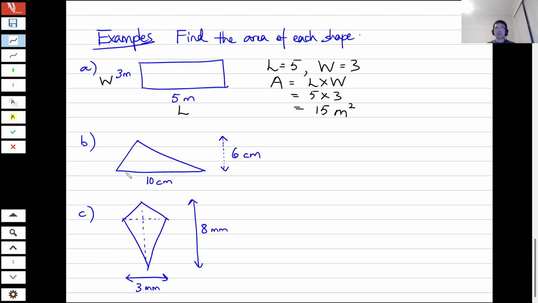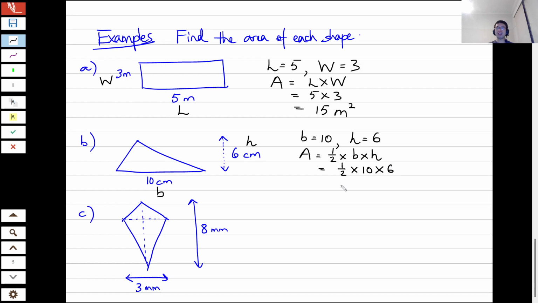Okay, second example. Here, I've got a triangle with a base, B, of 10 centimeters and a height, H, of 6 centimeters. So B equals 10, H equals 6. The area of a triangle is half times the base times the height. So now I can substitute those numbers in.